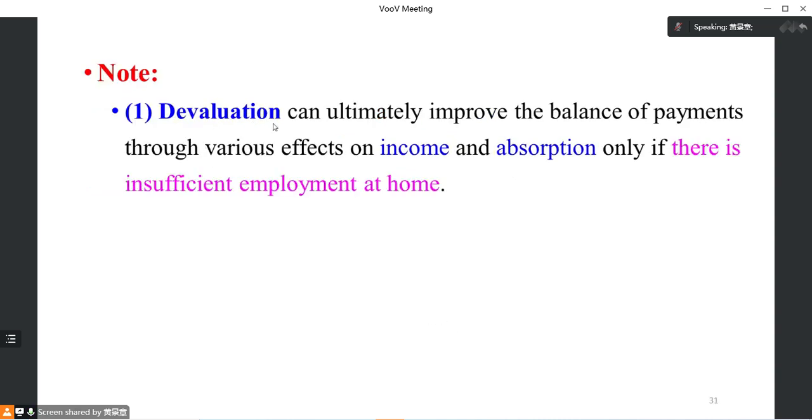Note: devaluation can ultimately improve the balance of payments through various effects on income and absorption, only if there is insufficient employment at home.